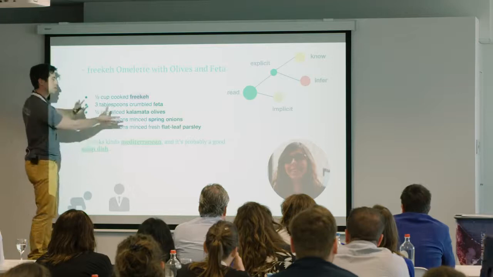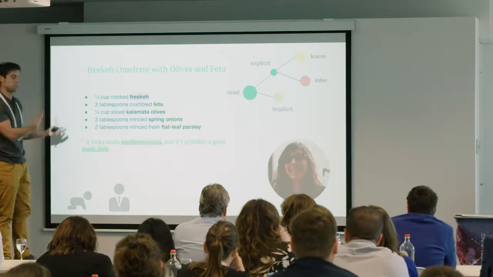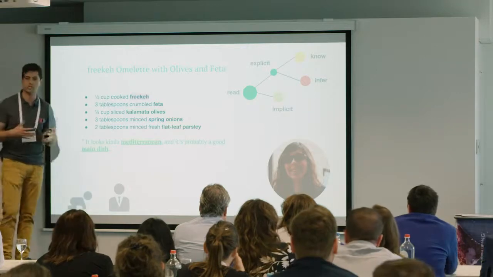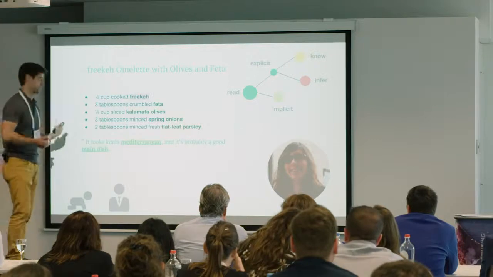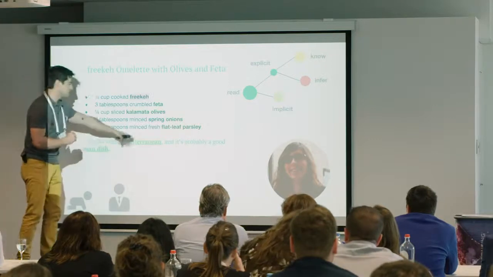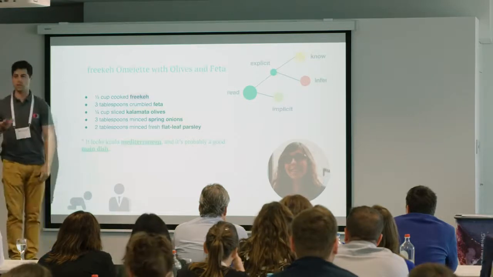So she recognizes some things, she infers some things. But then I asked her as well, what do you think about this recipe? What type of recipe is this, according to you? Again, she answered quite correctly. She's very, very smart. She said it's more like a Mediterranean dish, and it's probably going to be a main dish.